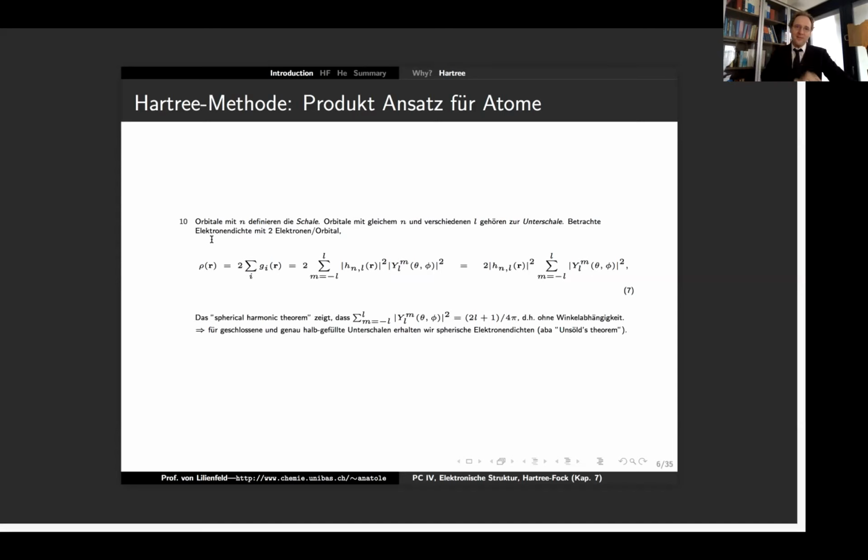Now we do have some quantum numbers in the hydrogenic basis functions, and so we can use this in the usual way. So orbitals with the same n and different l belong to the subshell. And you can also consider an electron density with 2 electrons per orbital. So your rho would be 2 times this G. Actually, I think this G should be squared here. I'm sorry, this is an error here.